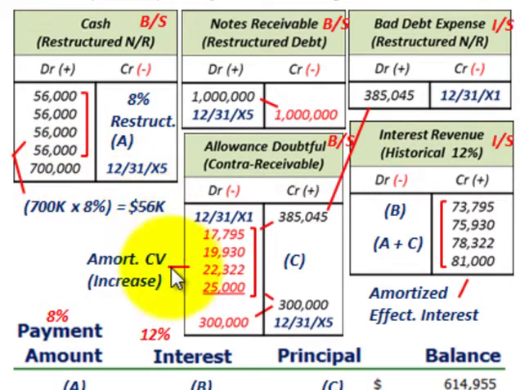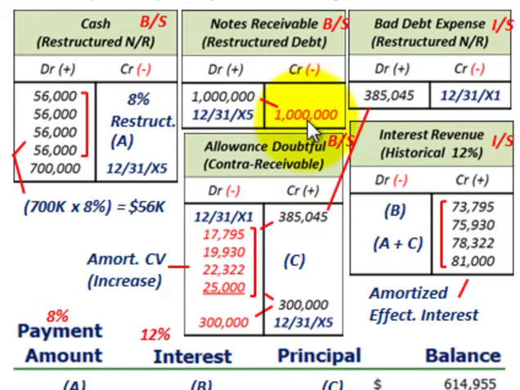So we've taken care of the $300,000 debit amount, plus our $700,000 debit to cash on that restructured note, which balances with the credit of our notes receivable of $1 million.